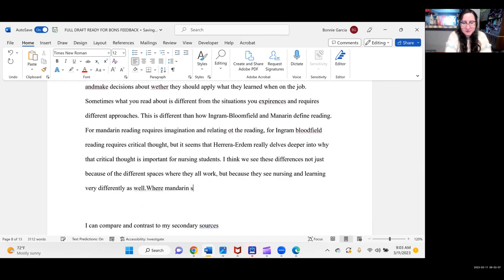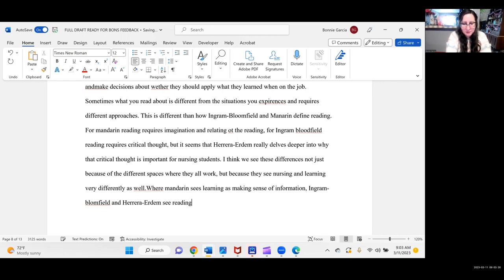Where Maturin sees learning as making sense of information, Ingram, Bloomfield, and Herrera Erdem see reading as something you'll eventually have to practice and make decisions about on the job.